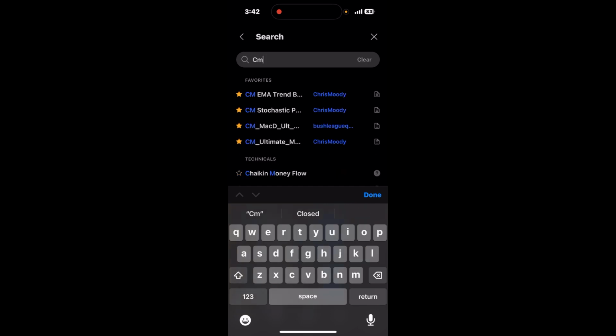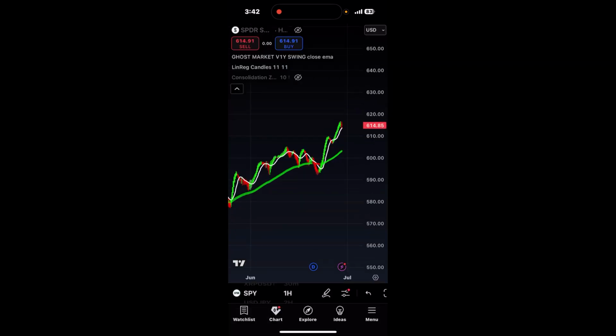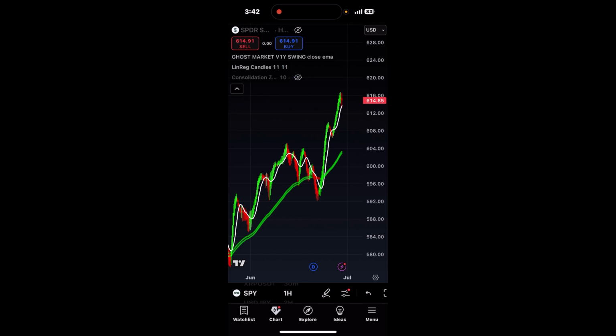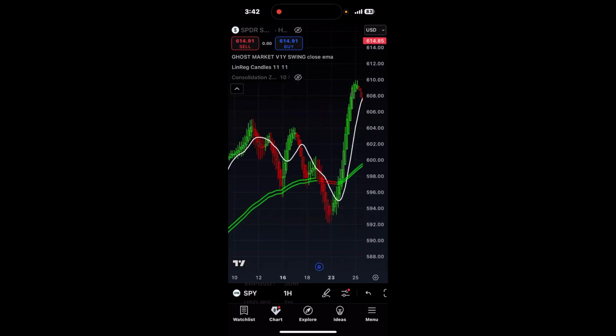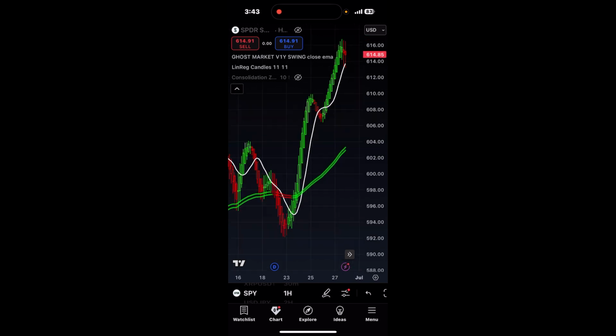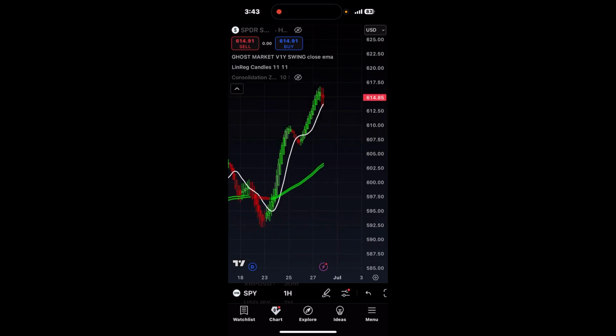You need to go to CM EMA Trend Bars and input the settings 90, 95. It gives you a color-coded display, and the 90/95 is a big level of support where price will either bounce from or go down from.